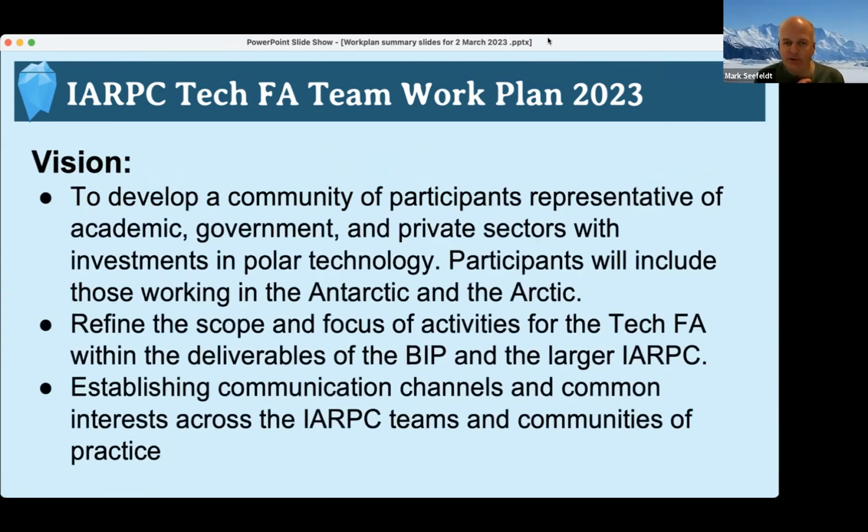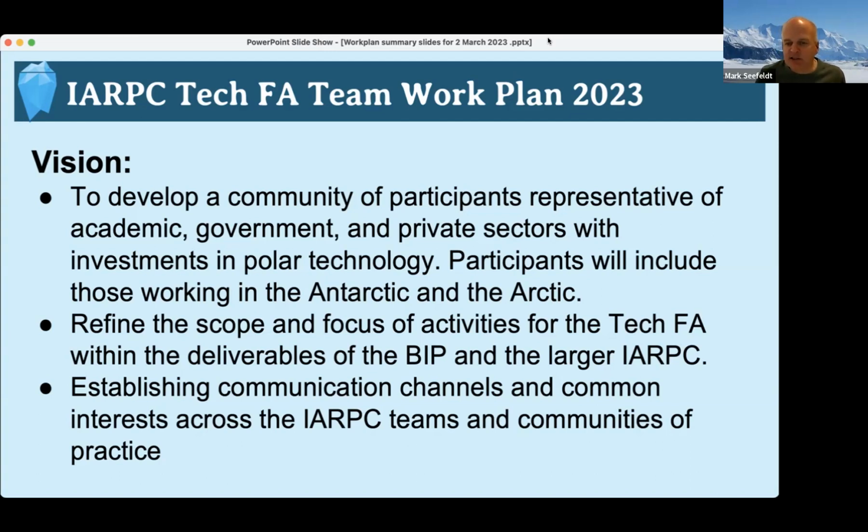Our vision for this upcoming year is that we want to develop a community of participants, representative of academic, government, and private sectors with investments in polar technology, and that these participants will include those working in both the Antarctic and the Arctic. We appreciate the Antarctic participants that have joined us in this meeting.